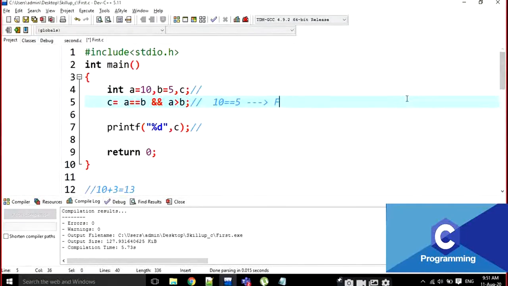In the logical AND operation, if any statement is false, this is statement 1 and this is statement 2, the control never reaches the next statement. Note down, everyone. Note down this point.